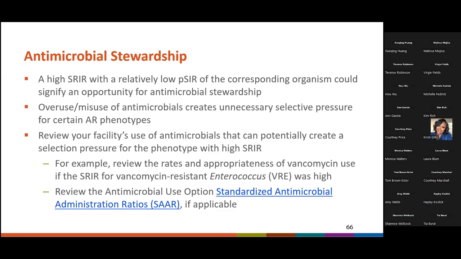For example, review your vancomycin use if you see a high SIR for VRE. For those who submit data to AU Option, don't forget to review the standardized antimicrobial administration ratios, or SAARs. In this example of VRE, review the antibacterial agents predominantly used for resistant gram-positive infection SAAR category.